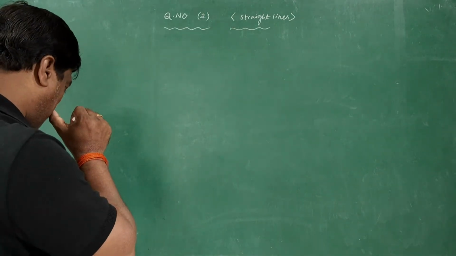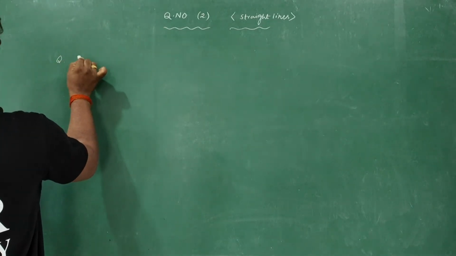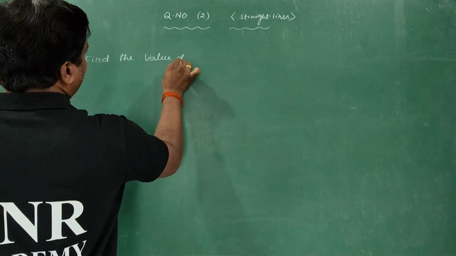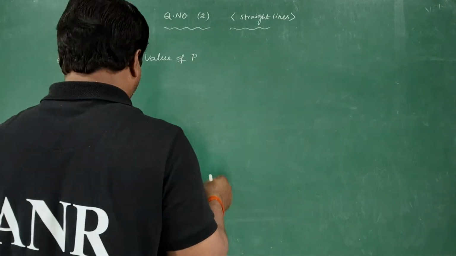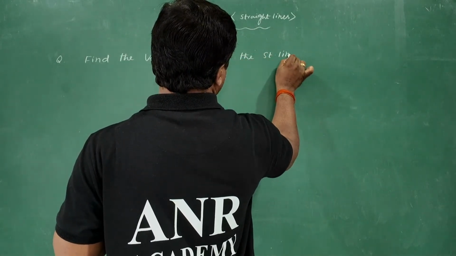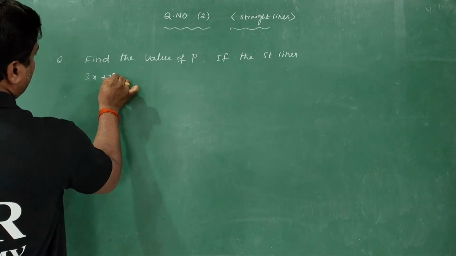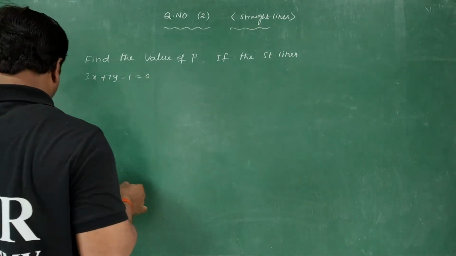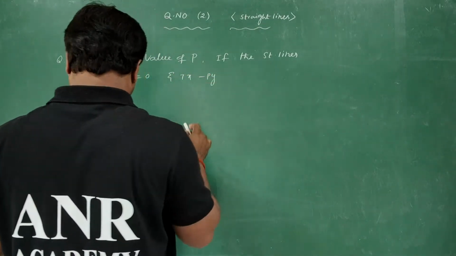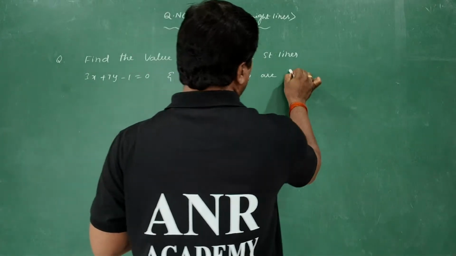Next question is, find the value of P if the straight lines 3x plus 7y minus 1 equal to 0 and 7x minus py plus 3 equal to 0 are perpendicular.